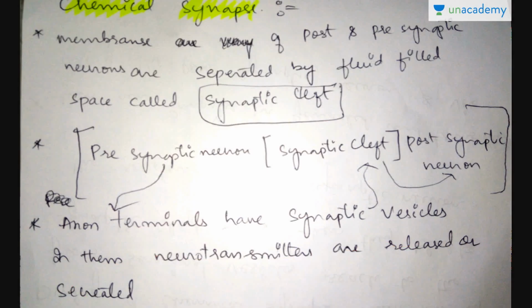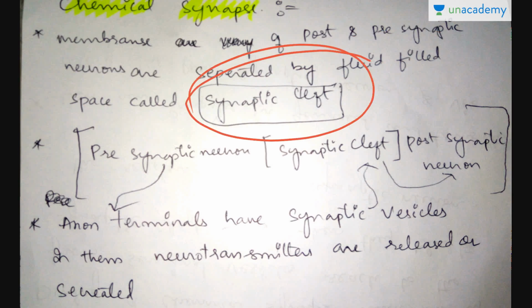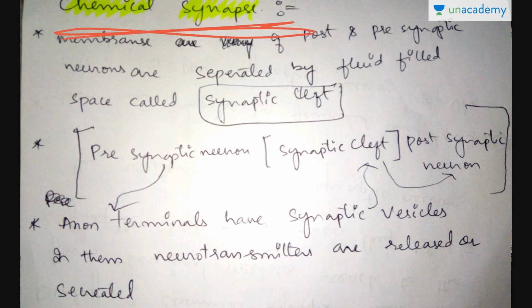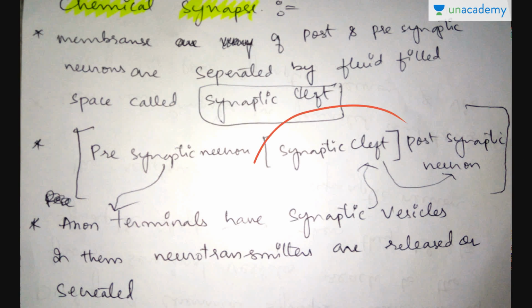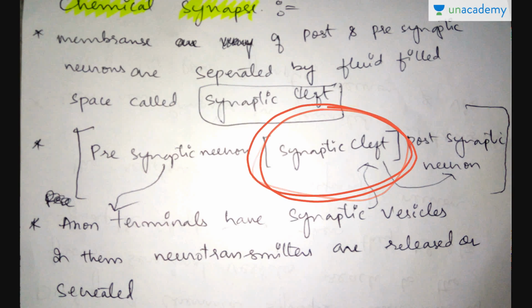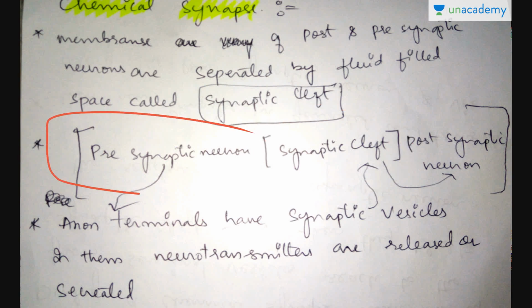Coming to chemical synapses, the membranes of the postsynaptic and presynaptic neurons are separated by a fluid filled space called the synaptic cleft. In the presynaptic neuron area, the axon terminals have synaptic vesicles.